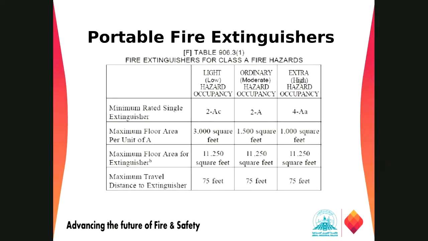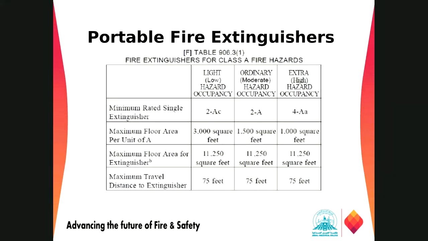The maximum travel distance to any fire extinguisher shall not be more than 75 feet, right? That's true for class A fire. Here we have a table from IFC 906.3.1, which is for fire extinguishers for class A fire hazards.